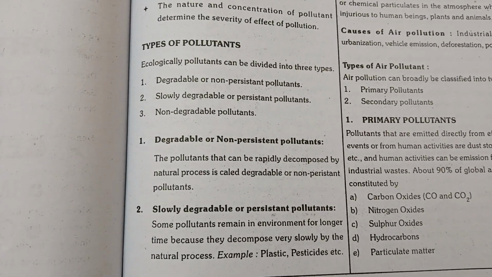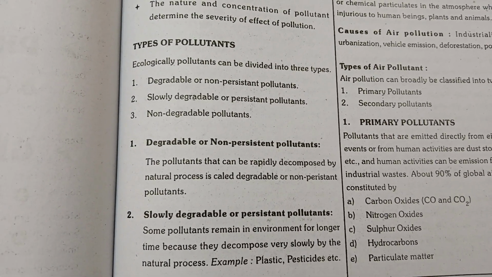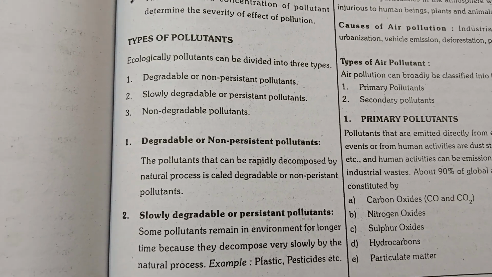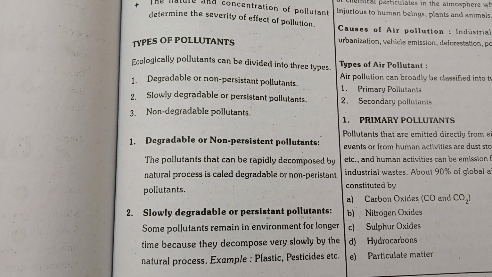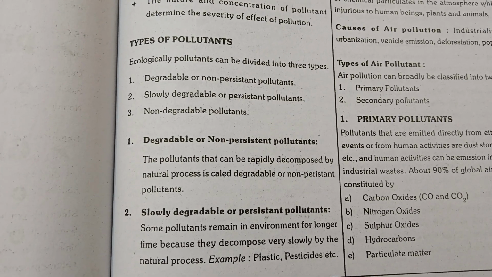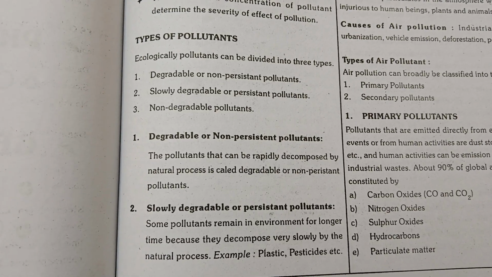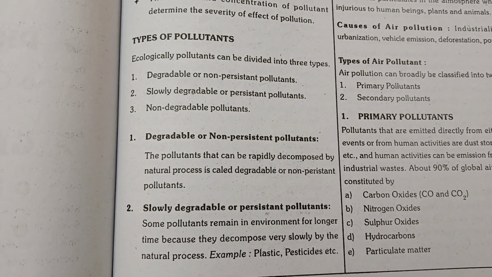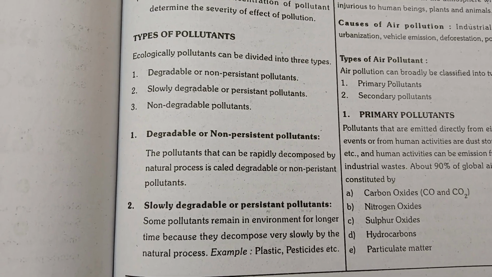First one, degradable or non-persistent pollutants. The pollutants that can be rapidly decomposed by natural processes are called degradable or non-persistent pollutants.